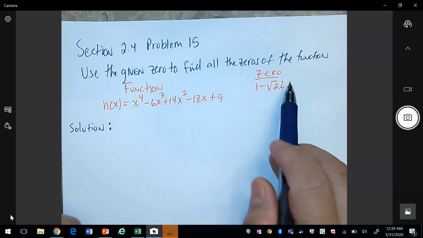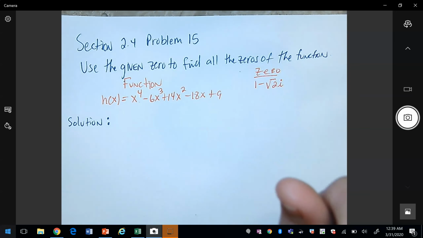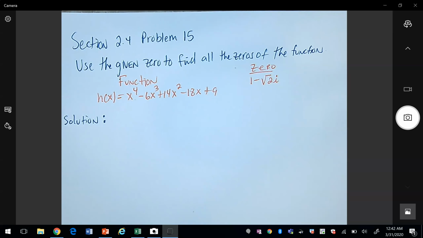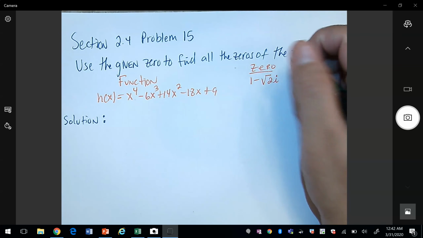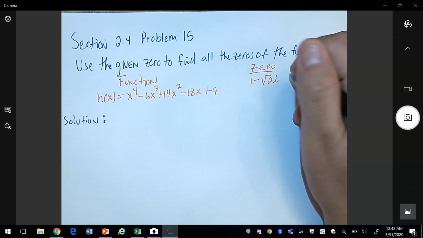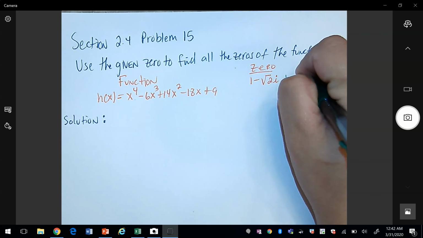So the first thing I'm going to do here is, instead of writing 1 minus square root of 2i, rewrite this as 1 minus i square root of 2.